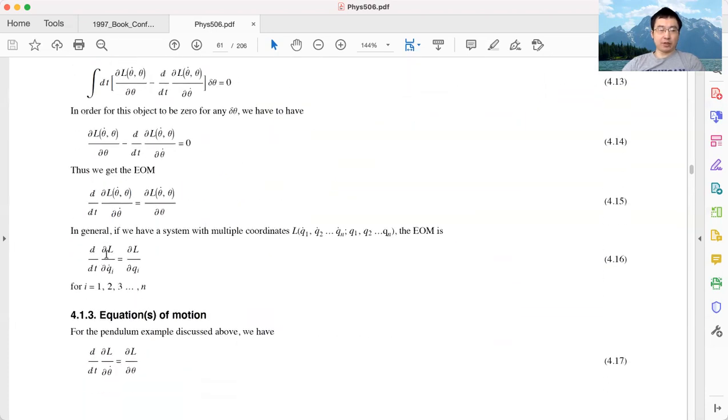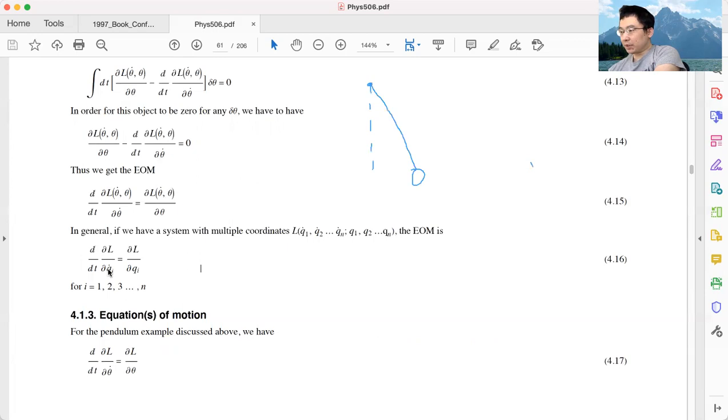And the equation of motion is this guy in general, where q is a coordinate of our system, and q dot is the time derivative of the coordinate, which is our velocity. Okay, so that is what we reviewed last time. And last time we also gave one example, which is a pendulum.